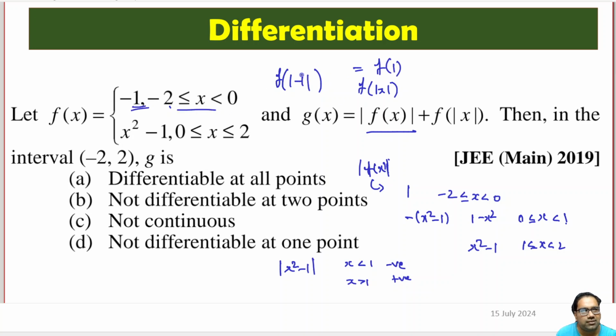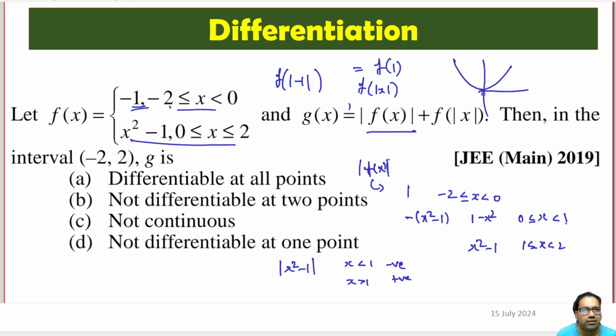Even if it is some negative number, ultimately it will take the positive value. So f of absolute value of minus 1 is equal to f of 1, which is nothing but x square minus 1. We have to take this x square minus 1 only. Whatever is positive, that same thing will get reflected on the left side also.